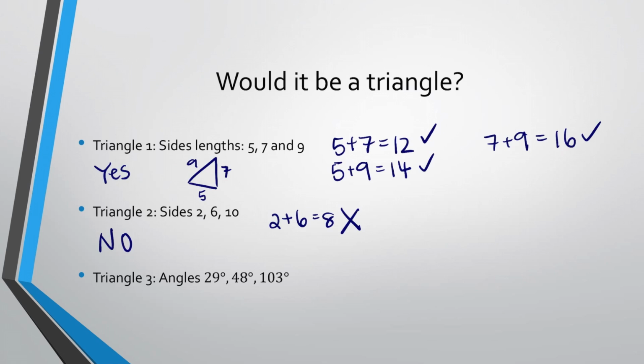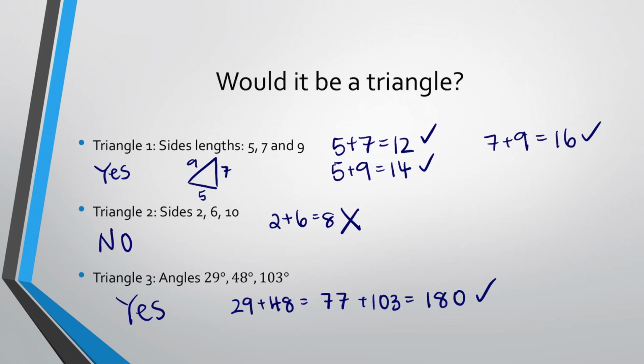And then let's try this last one. So 29, 48, and 103. We know that if we add them together, it should be 180 degrees exactly. So let's try it. So 29 plus 48 would be 77, right? And then we would add 103, and that is equal to 180. Check.